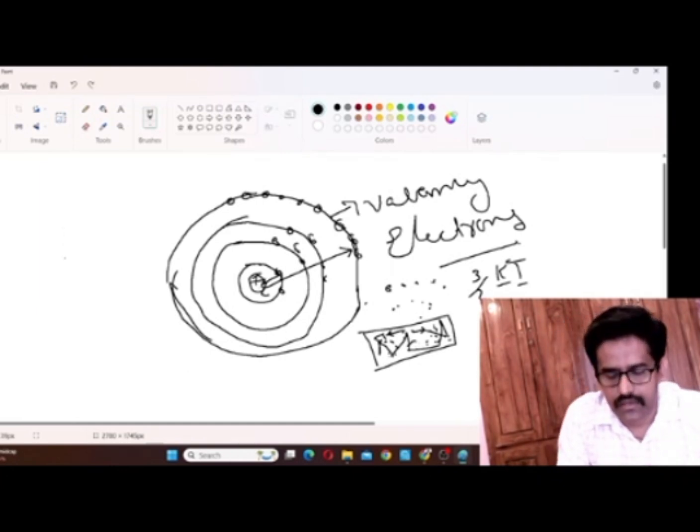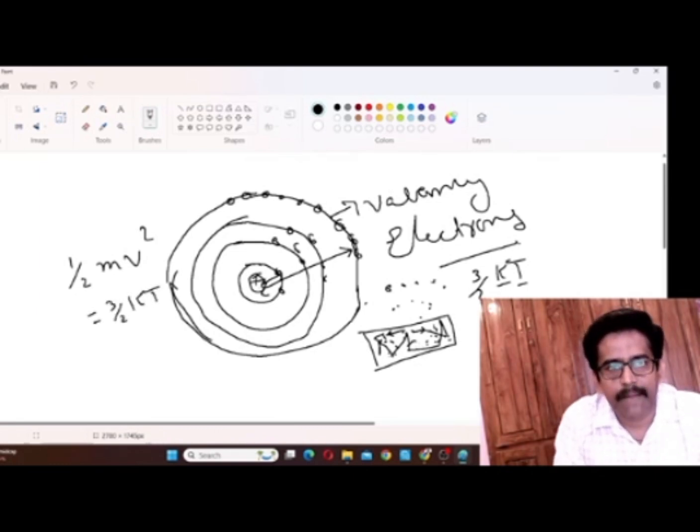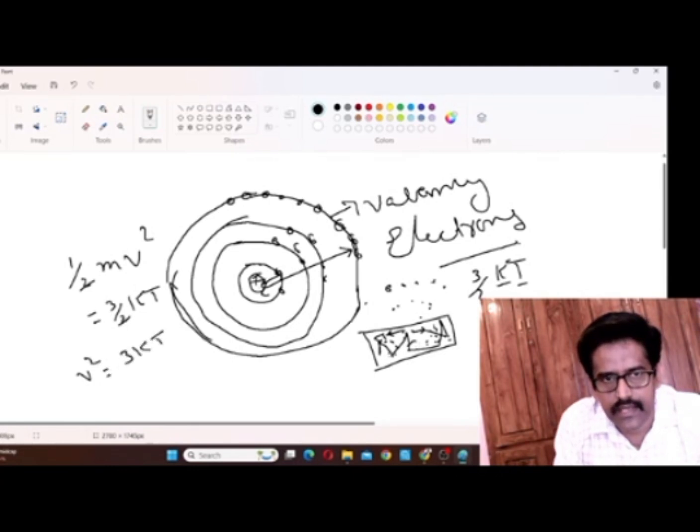From the kinetic theory, half mv square is equal to 3/2 kT. Comparing these two energies, both are kinetic, so canceling, we get v square is equal to 3kT by m.